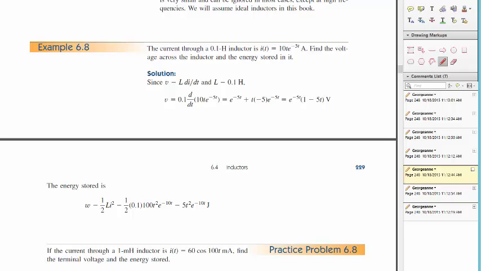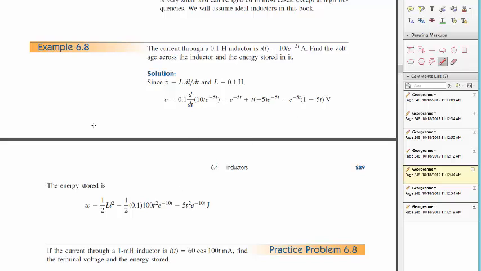This is really a math equation. It's a matter of saying I have i of t, apply this equation that v equals L di/dt, and that you have the known value of the inductor. So it's really a matter of applying rules of calculus, plugging in the formula, and you will get what the answer is for the voltage across the inductor.